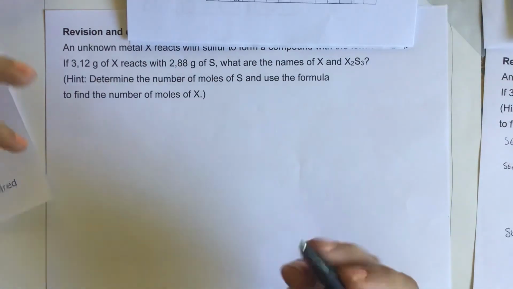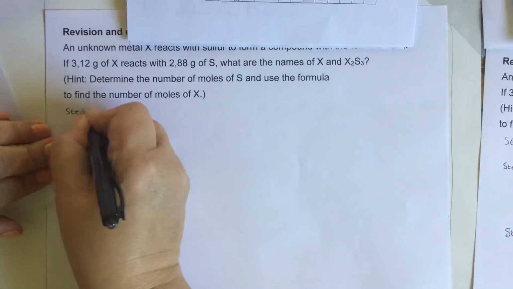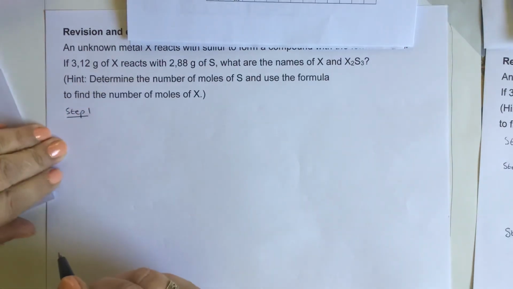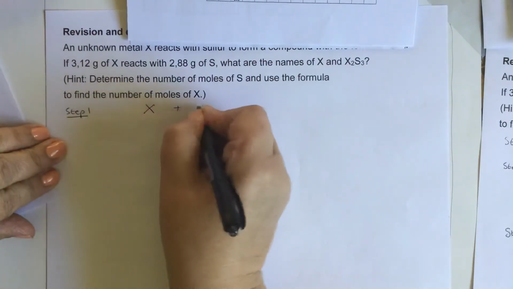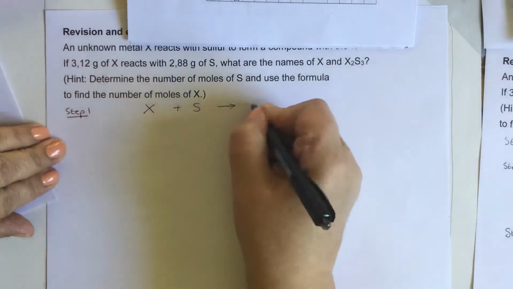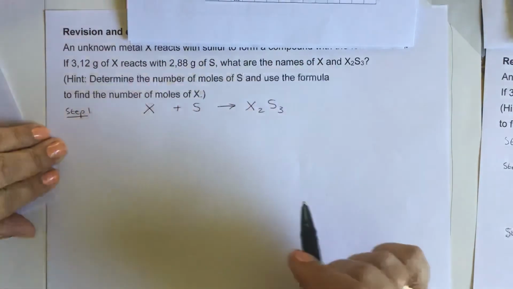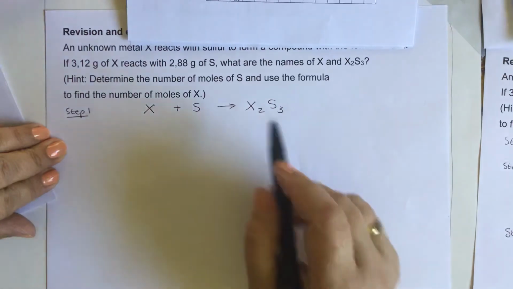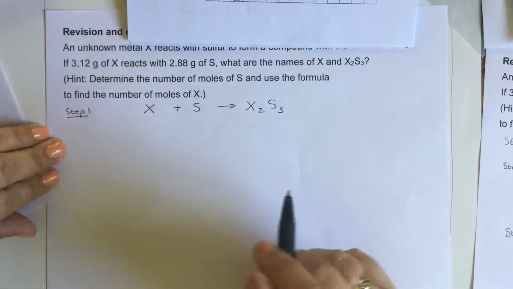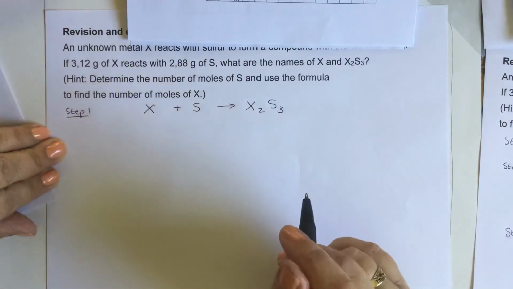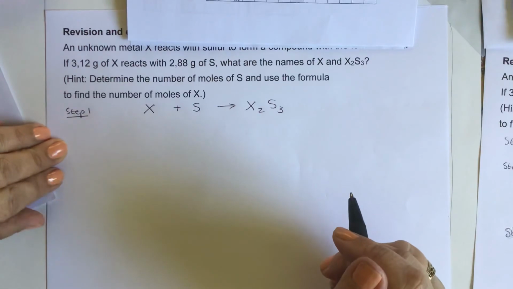Right, so let's go. There's always steps to follow. What is step 1? Step 1 is write a balanced chemical equation. So what reacted here? X reacted with sulfur and it forms X2S3. That is everything that I read from here. Sulfur is a solid, it's not a diatomic molecule, so sulfur will react just as sulfur. It's a formula, but it's not balanced yet.